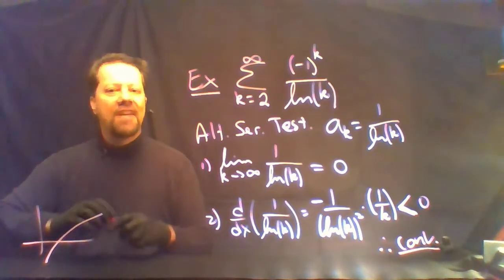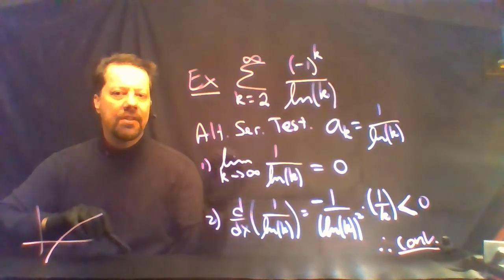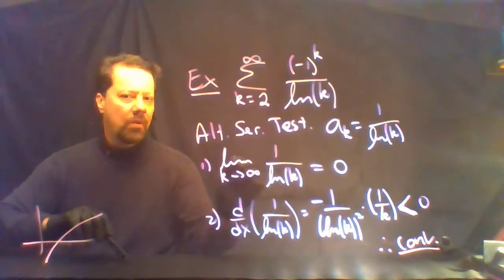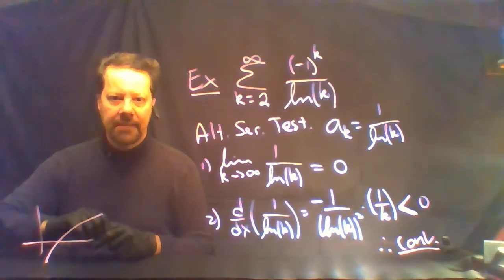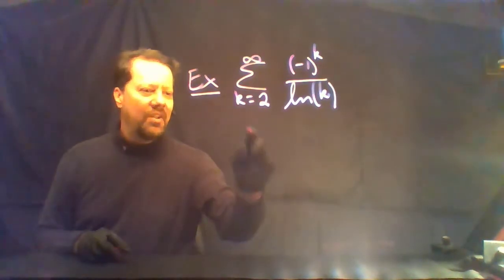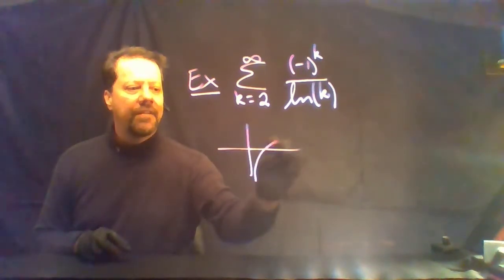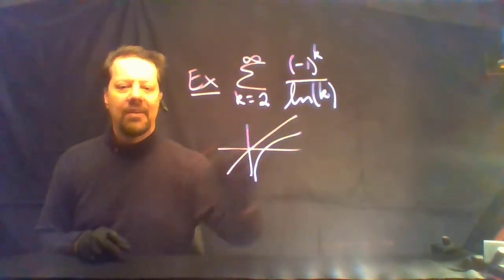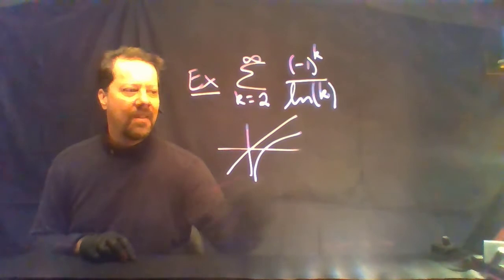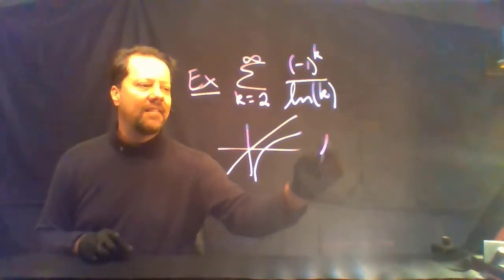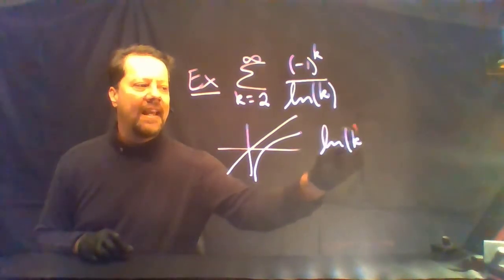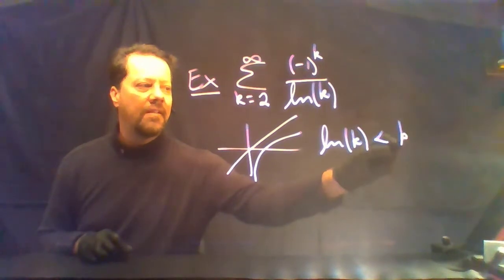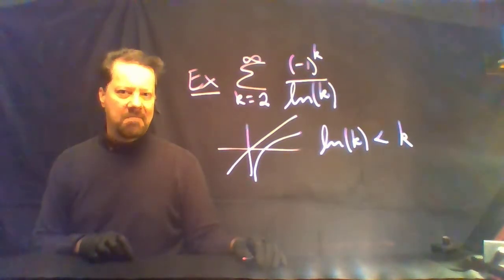But we have not resolved whether or not the series converges absolutely or if it converges conditionally. Note that the log function grows more slowly than y equals x, which means that ln of k is smaller than k.